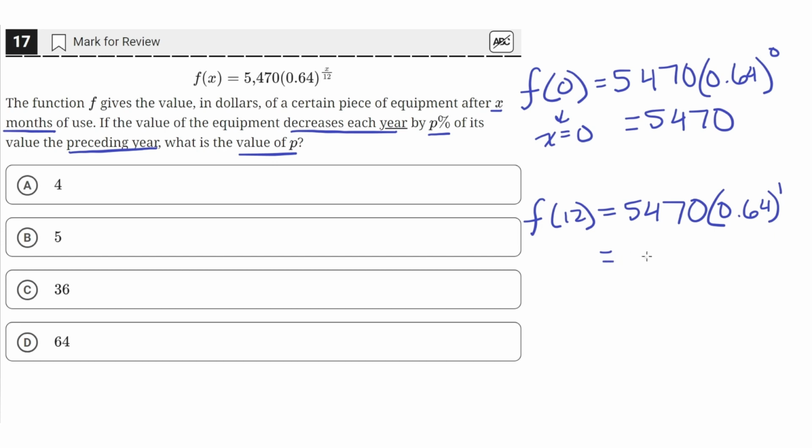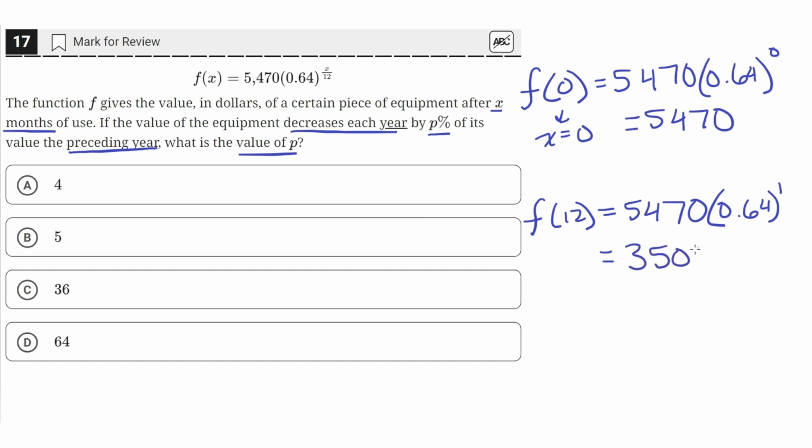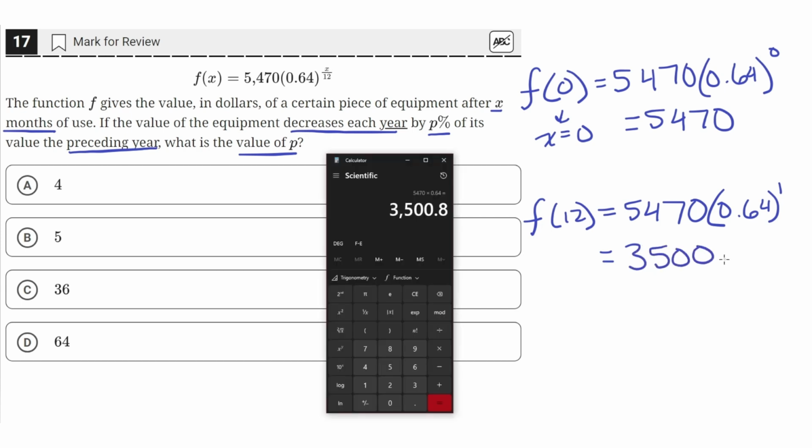So this will just be equal to 5,470 times 0.64. And we can do that in our calculator. 5,470 times 0.64. So we'll get 3,500.8.